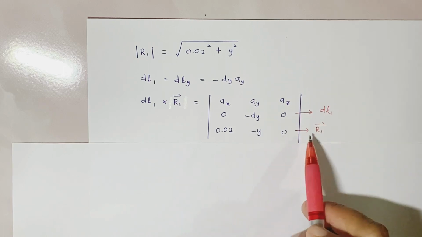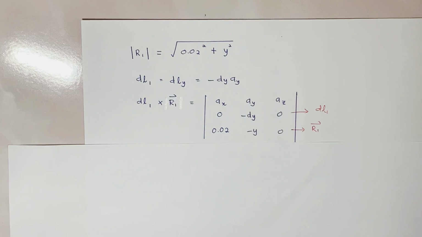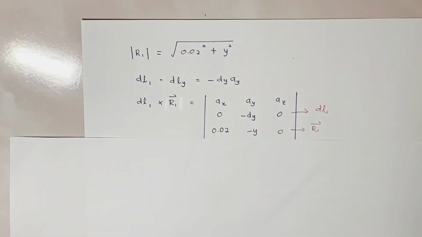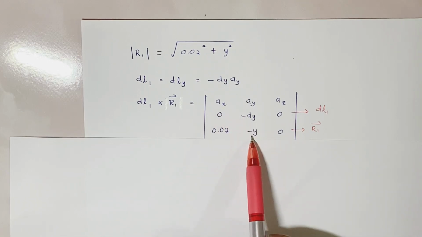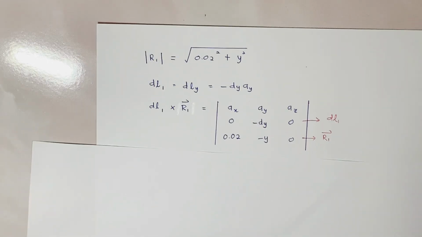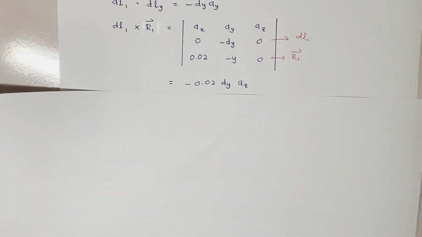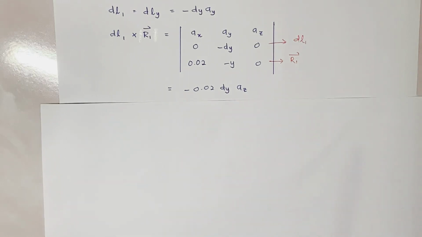For vector r1, we know that it is 0.02 ax minus y ay. So solve it, and you will get negative 0.02 dy az.